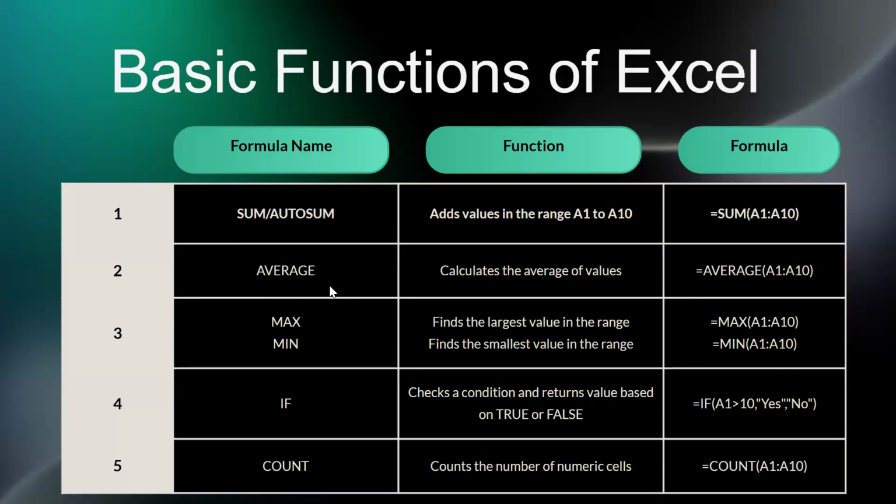And then we have average just to calculate the average, and then we have max to find the largest value in the range, and min to find the smallest value in the range. And we have if. If checks a condition and returns values based on true or false or anything, which you would insert inside the bracket. And then we have count formula. It counts the number of numeric cells.